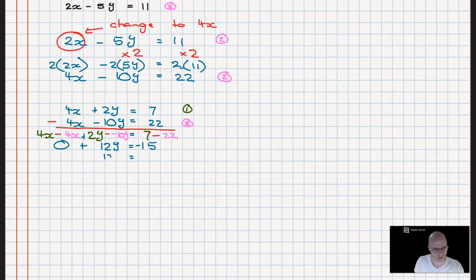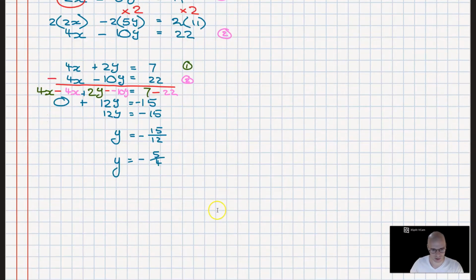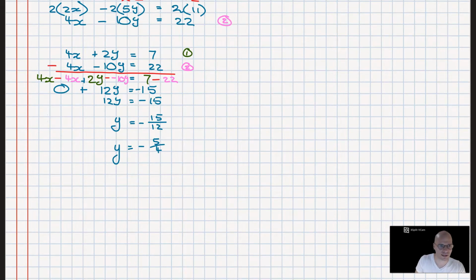We'll clean it up first: 12y equals minus 15. Then we divide both sides of the equation by 12, so we get minus 15 over 12. A little bit messy there, but we can simplify it. The common factor is 3 in this case, so we get minus 5 on 4, like so. So that's our value for y.